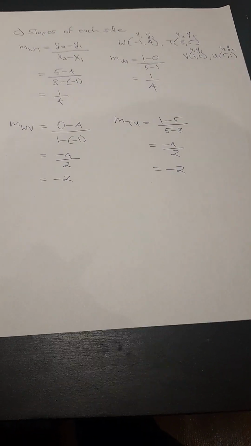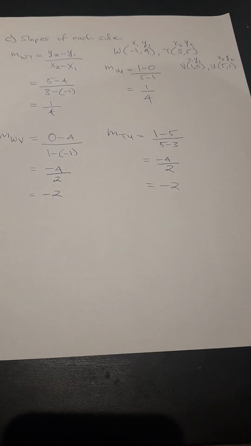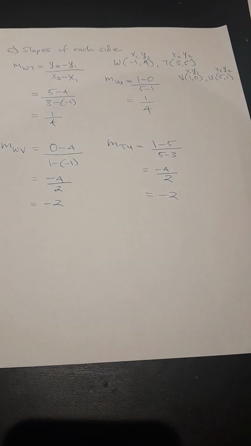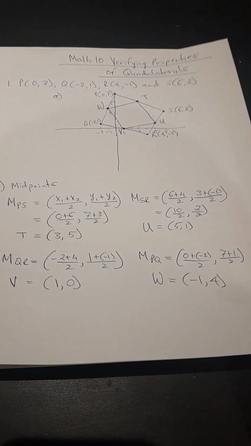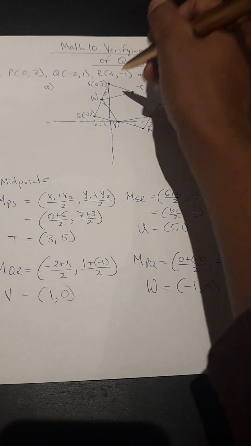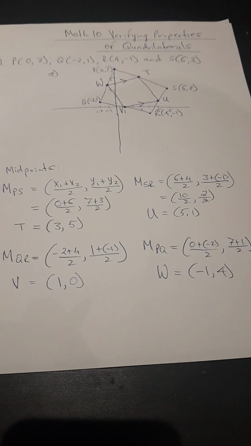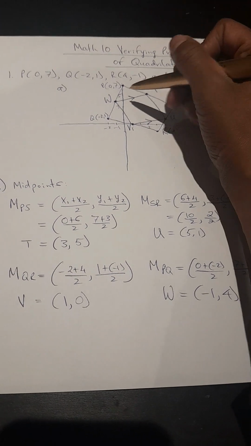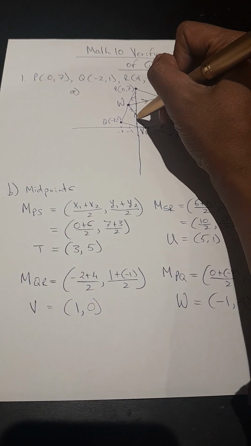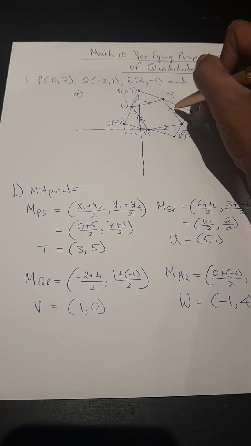And what was the point of this? I'm going to bring back the first sheet here. I can see that because the slopes are the same for the opposite sides, what does this show? WT is parallel to VU, and WV is parallel to TU.